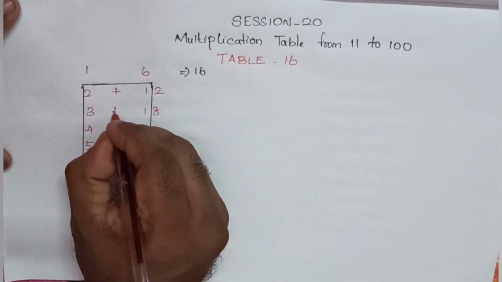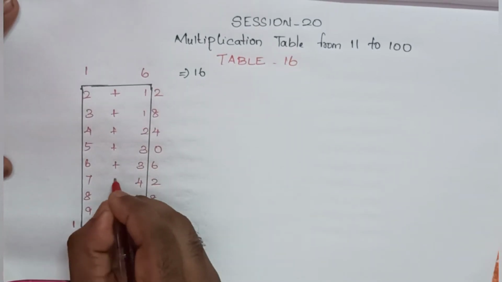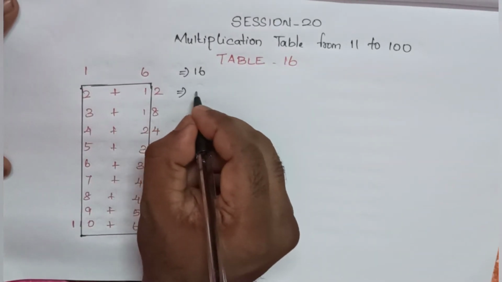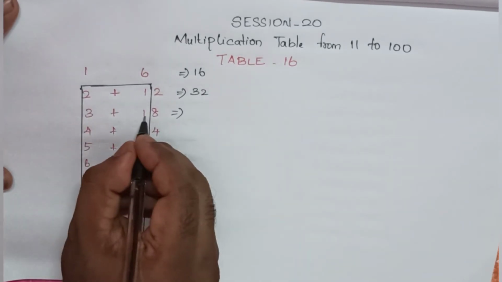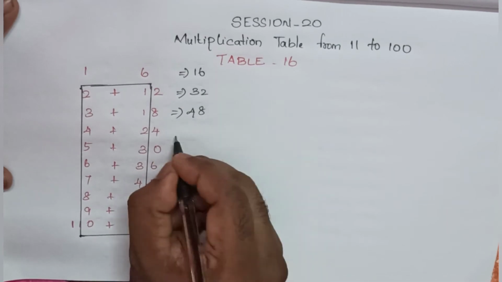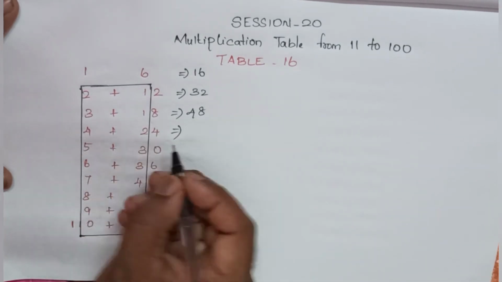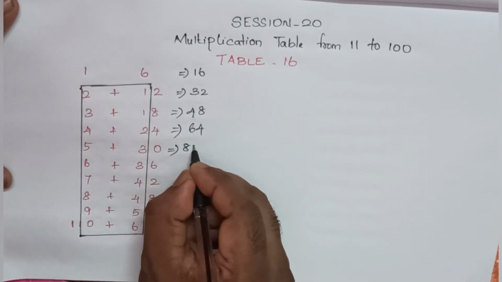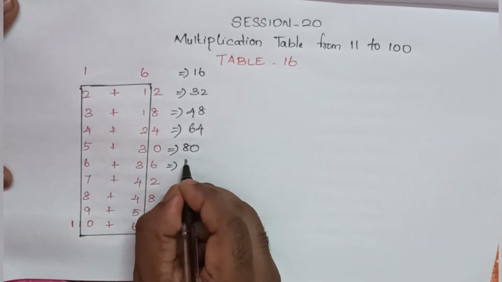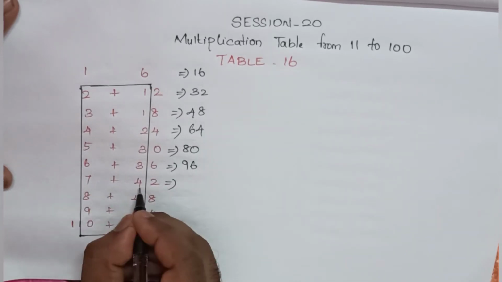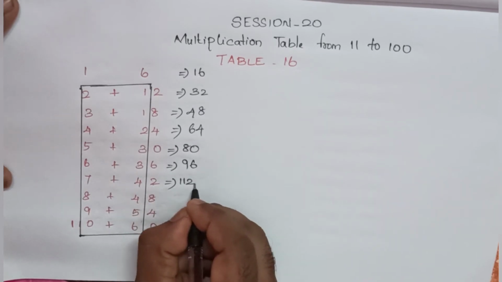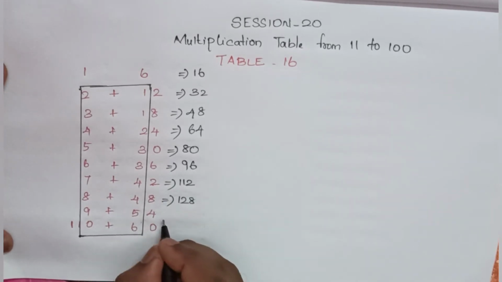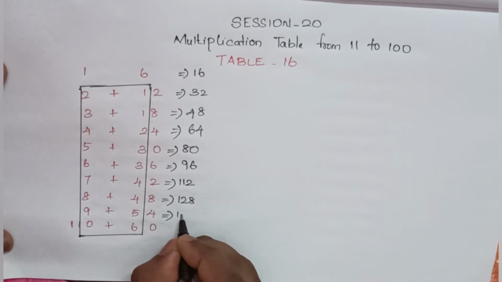Add the inner digits like this. 2 plus 1 is 3, 32. 3 plus 1 is 4, 48. 4 plus 2 is 6, here 4, 64. 5 plus 3 is 8, here 0, 80. 6 plus 3 is 9, 96. 7 plus 4 is 11, here 2, 112. 8 plus 4 is 12, here 8, 128. 9 plus 5 is 14, 144.